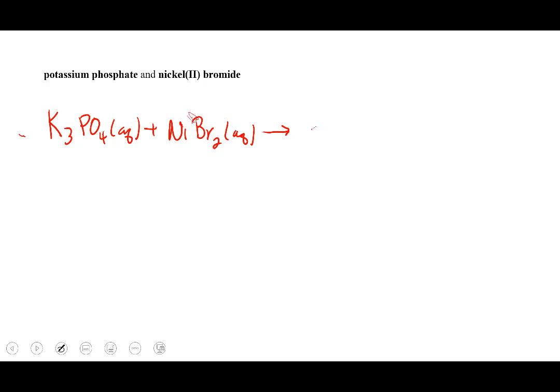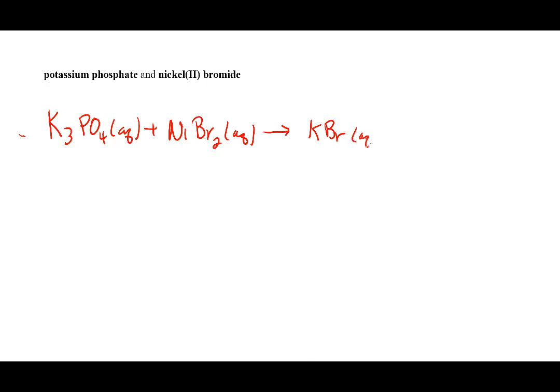Okay, potassium phosphate and nickel bromide. So potassium phosphate is going to be K3PO4 aqueous. Nickel 2 bromide is going to be NiBr2. That's aqueous. That's going to go to make, if we swap the ions, potassium bromide.